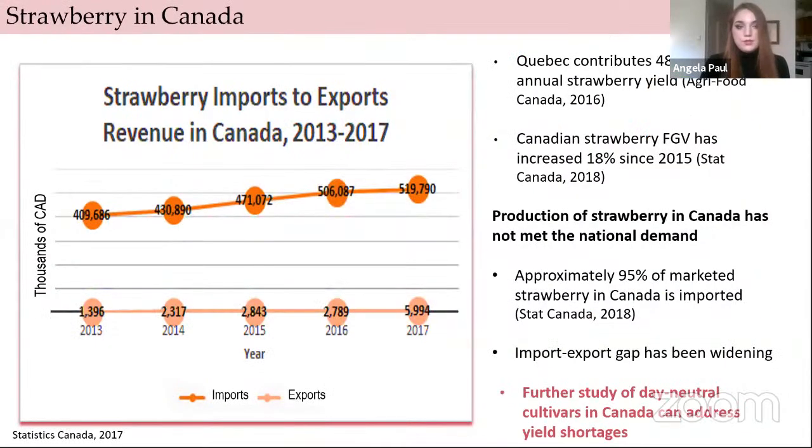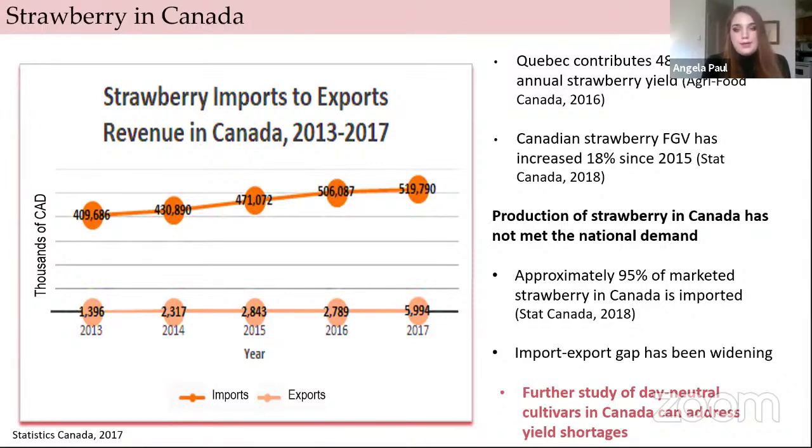So taking a closer look at strawberry production within Canada, Quebec contributes most of all the strawberry production within the country, about 48%. However, strawberry is an increasingly valuable crop within the country. It's seeing about 18% increase in farm gate value since 2015.